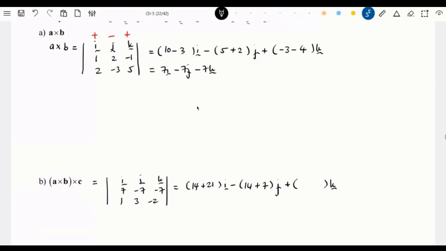And then the last one, K. Negative 14. Yep, negative 14. Good. 21 plus 7. So we end up with 35I plus 7J plus 28K. So that will be for A cross B cross C.